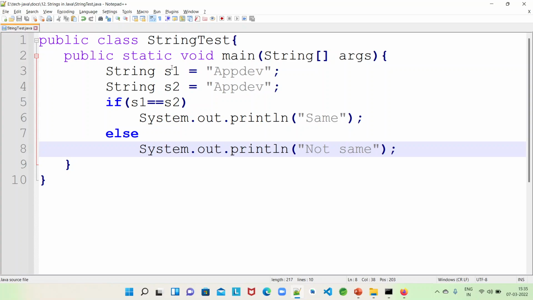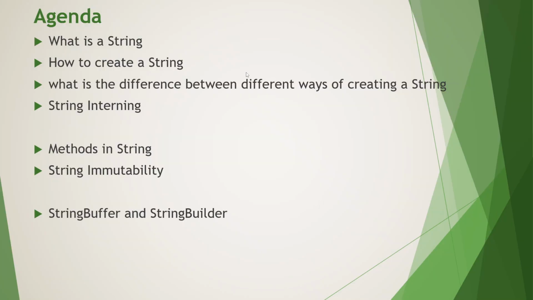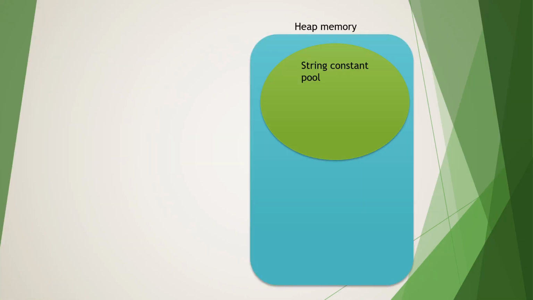What happens internally, and what is the difference between assignment operator string creation and new keyword string creation? We will get to know in a moment. But what happens internally when you create a string using an assignment operator is like this. When you create a string using the assignment operator, the JVM looks up whether the same data is available in the string constant pool or not.